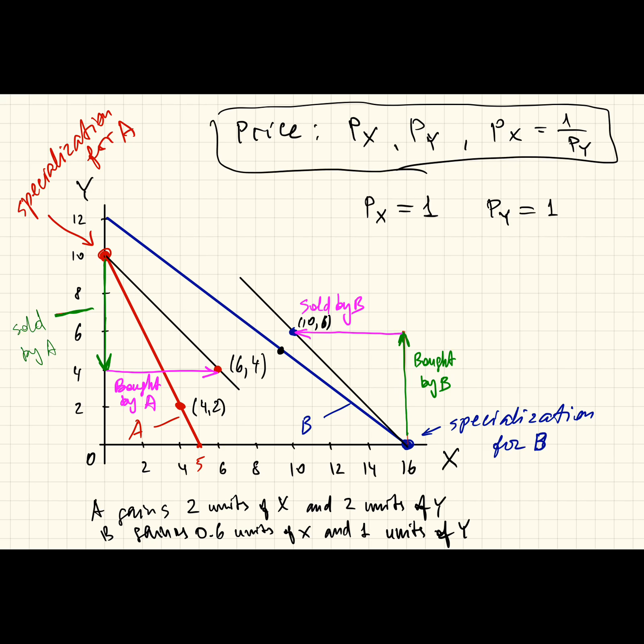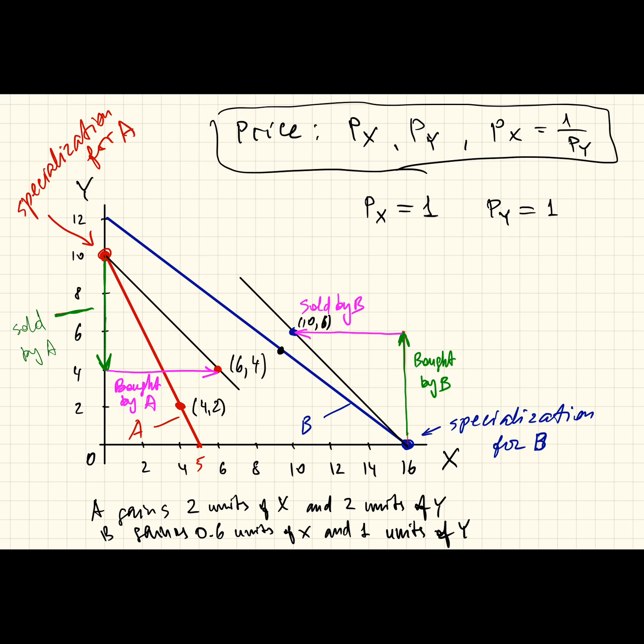That's what he's giving to the other guy. And the way it's going to affect person B, that will move him up from this point where he is on his own while specializing, up to this point. So this amount of good Y goes from person A to person B. But that's not the end of it, right? Because it's an exchange.